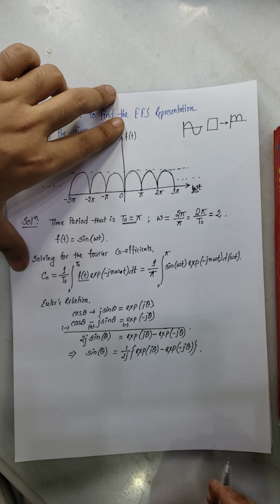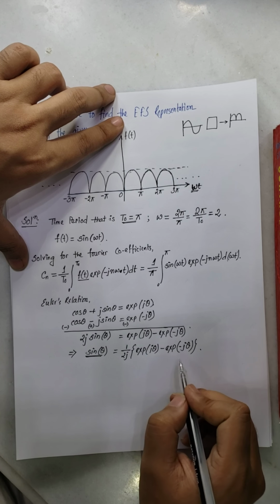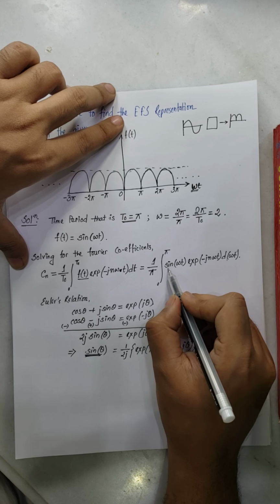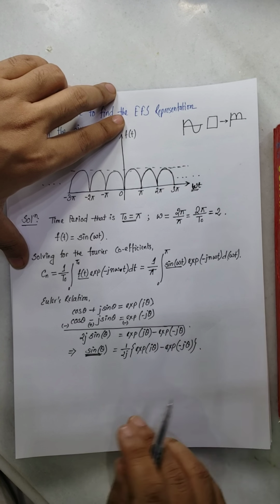Now, we have derived an expression from Euler's relations in terms of sine theta, and what we are going to do now is replace this sine theta with this type of expansion.